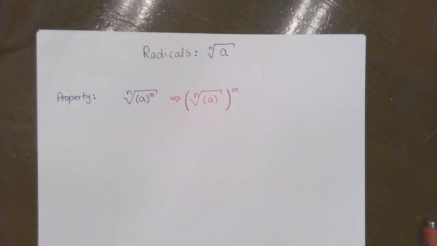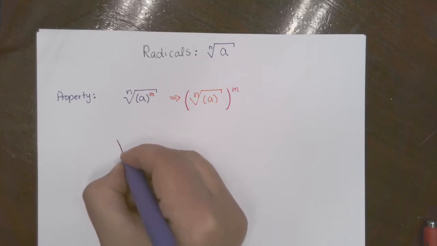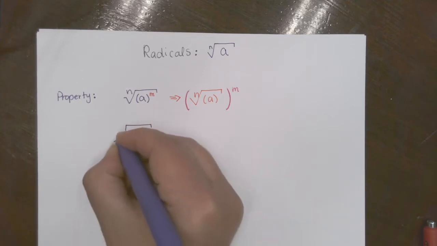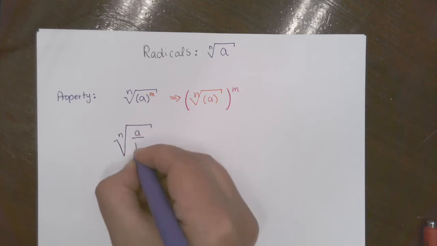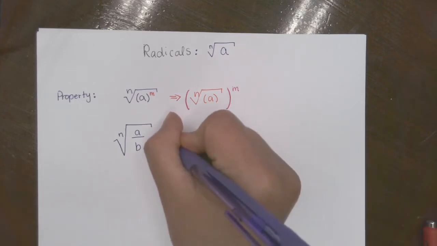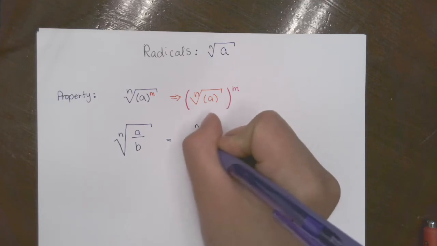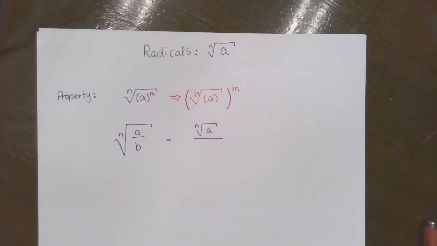The next property, I think we talked about this yesterday, is that beautiful division property, the quotient property. So when you have something like A divided by B, and it doesn't matter what it is, you just have a fraction on the inside. What's really cool with the quotient property is that we can rewrite this as the square root, cube root, fourth root, fifth root, eighth root.